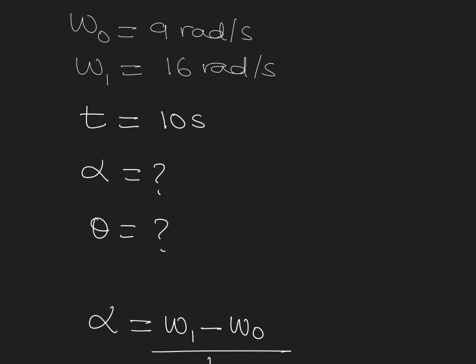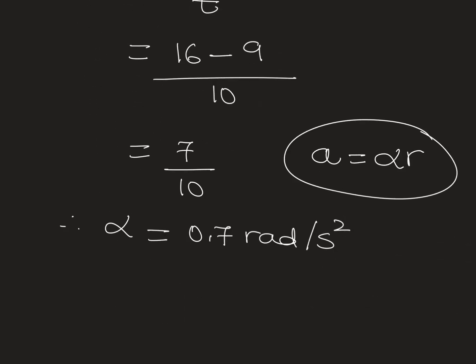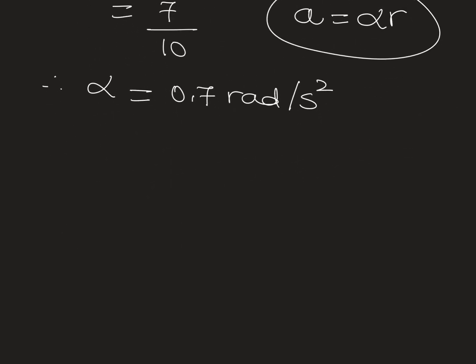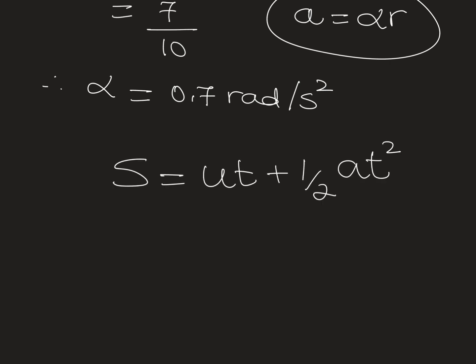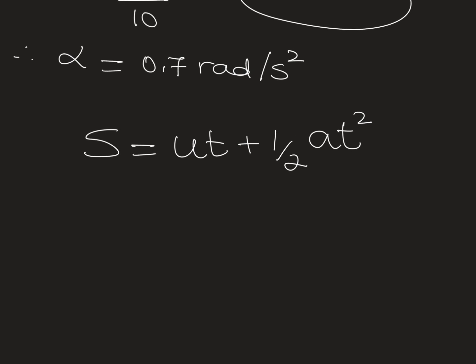The second question wants us to find the angular displacement theta. How do we find that? Well, if you can remember the equation of linear motion, S is equal to ut plus half at squared, we can modify this formula, okay? Since we are not dealing with linear motion, the displacement S will be theta, the angular displacement.